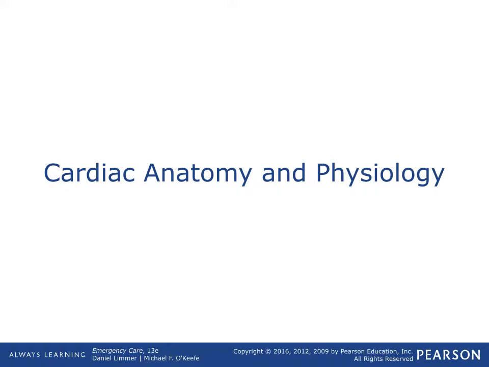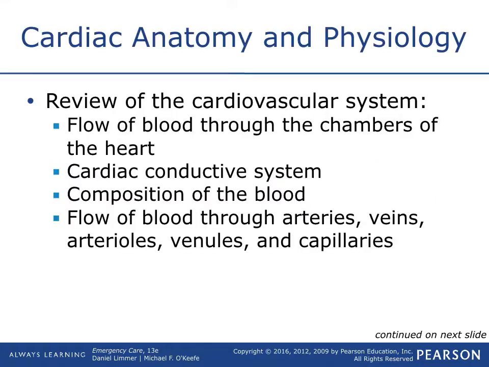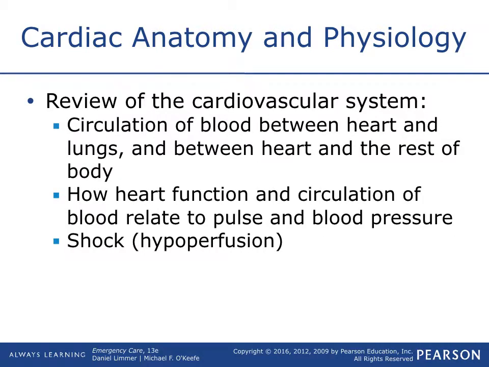Okay, so with that said, we'll move a little further into the chapter. Cardiac anatomy and physiology, which we just did a little bit of: flow of blood through the chambers of the heart, the conductive system, composition of the blood, flow of blood through arteries, veins, and all that good stuff, which we just talked about as well.